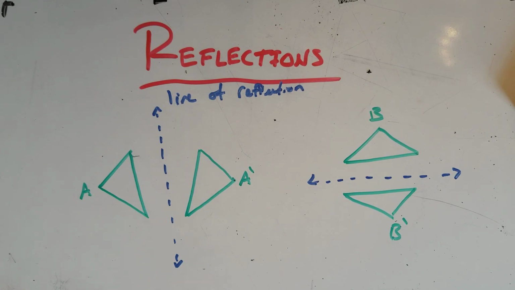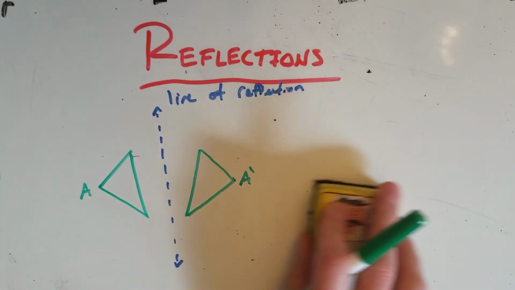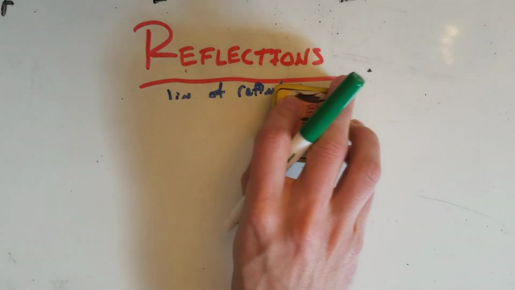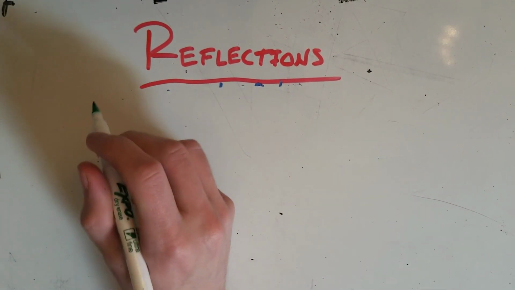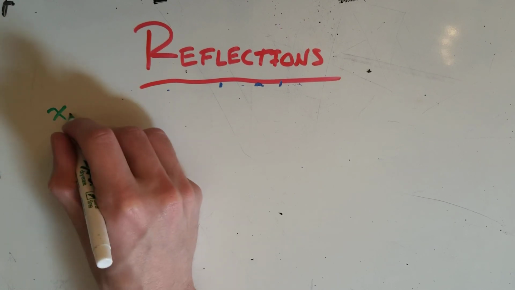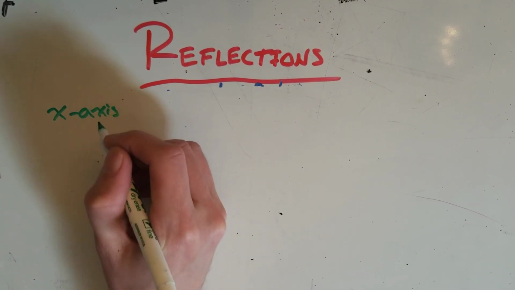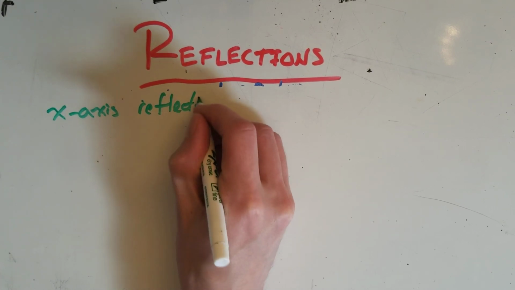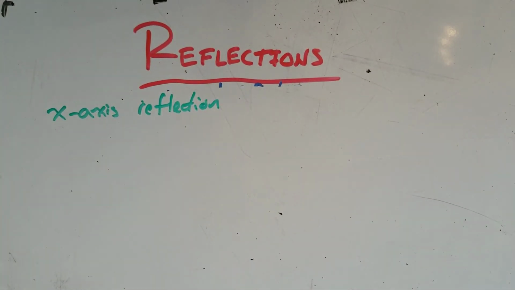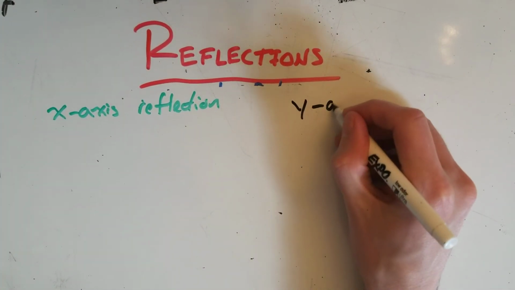With a reflection, we're really going to focus on two lines of reflection. One of them is reflecting over the x-axis as our line of reflection. So an x-axis reflection, and there's a special rule for that. And the other will be a y-axis reflection.